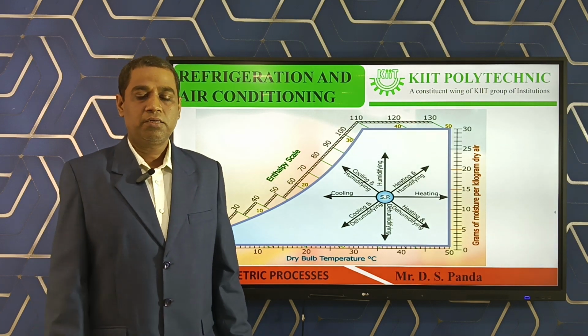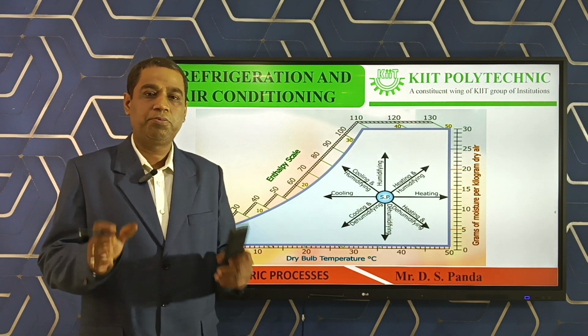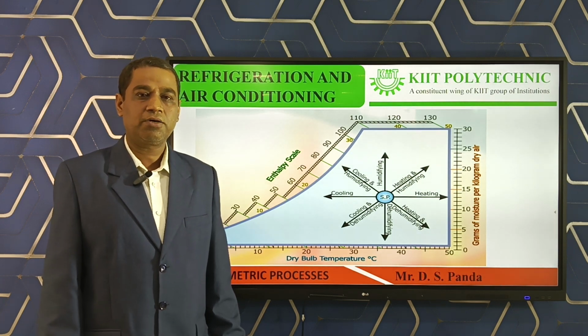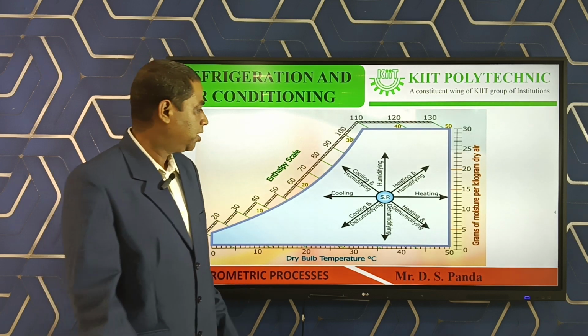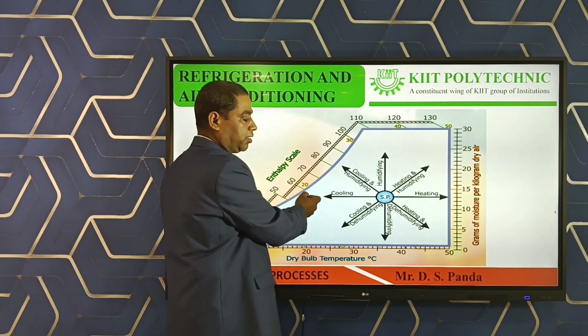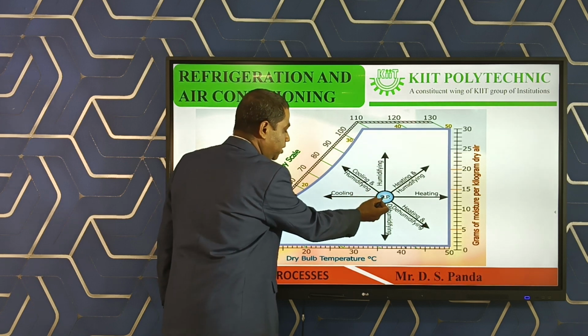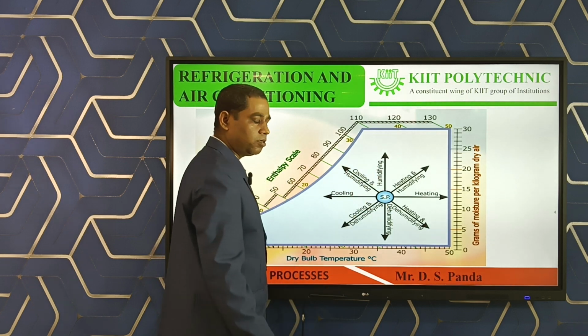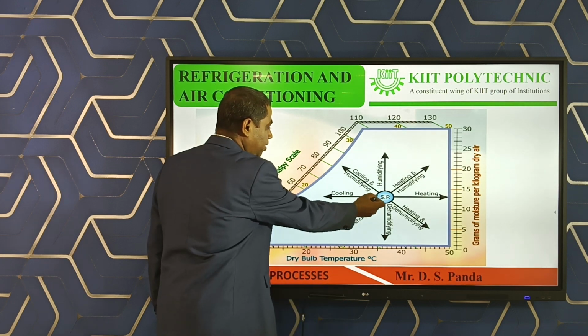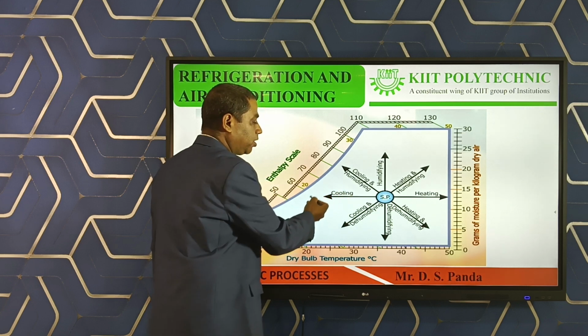In the reverse direction, keeping the specific humidity constant, if we reduce the dry bulb temperature, then it is sensible cooling. Suppose this is the starting state of the air, and gradually after the process the temperature reduces.